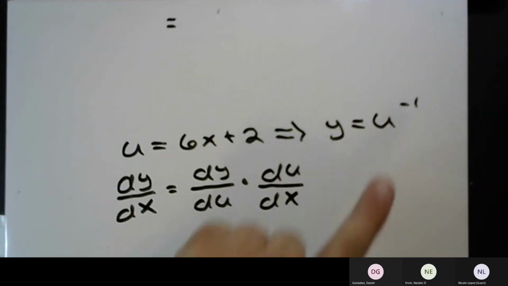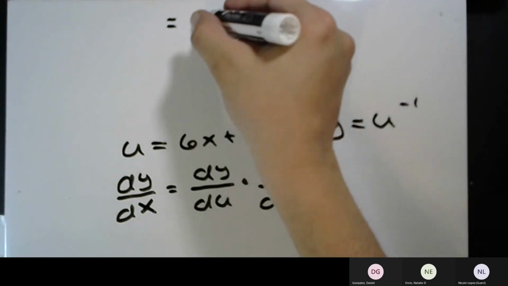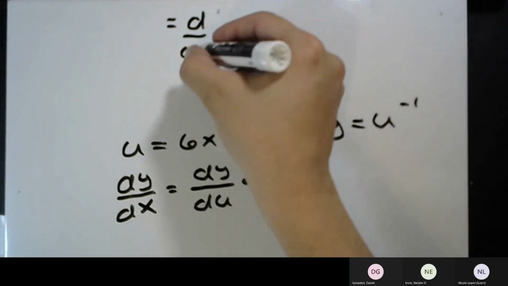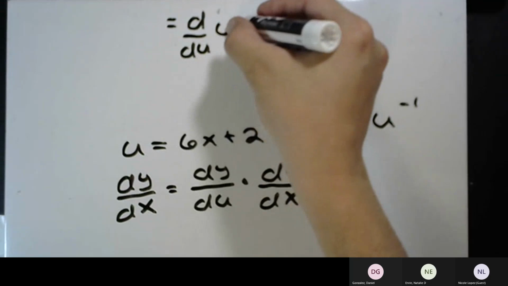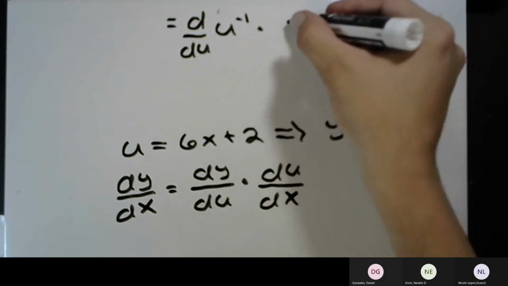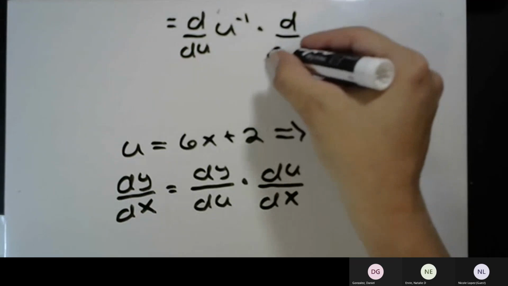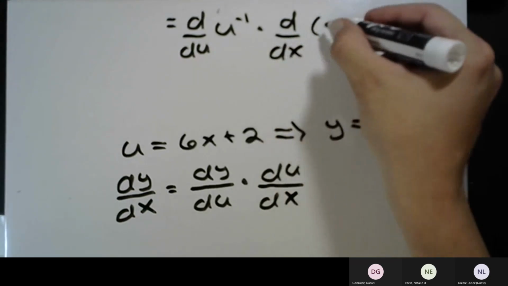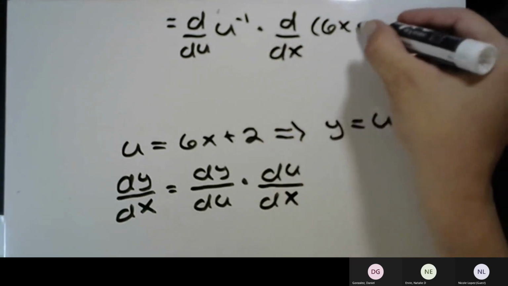Now, dy du, well, d du of u to the minus 1 times d dx of 6x plus 2.